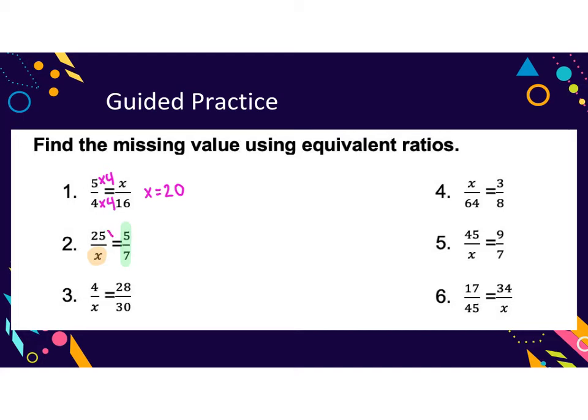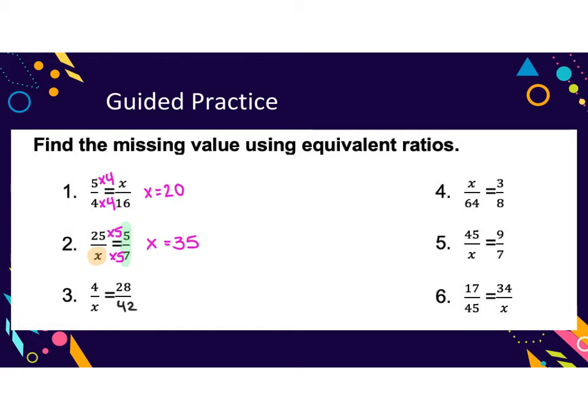Well, 5 times 5 is 25, so if I multiply 7 by 5, that will give me my value of x. So x would equal 35. 5 to 7 is equivalent to 25 to 35.